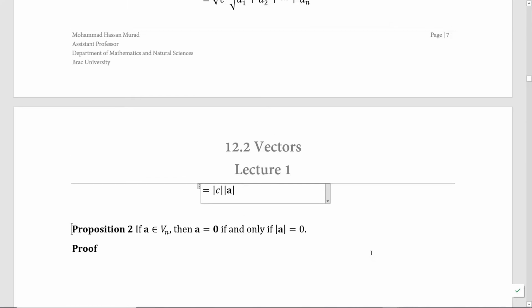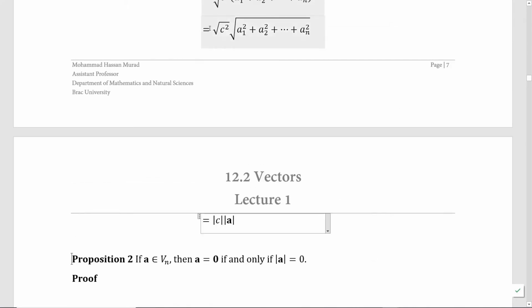The quantity here, the positive square root of c squared, can simply be written as the absolute value of c, and the rest is by definition the magnitude of A. This is the end of the proof of Proposition 1.